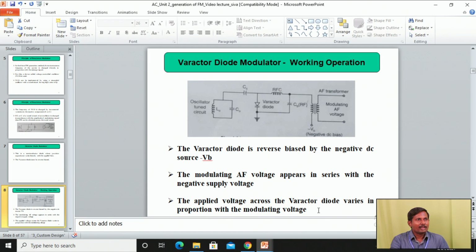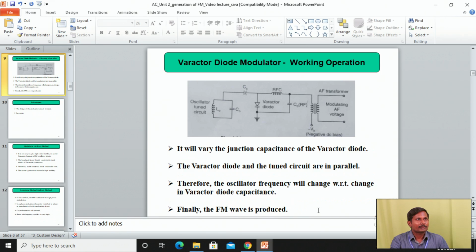The applied voltage across the varactor diode varies in proportion with the modulating wave. It will vary the junction capacitance of the varactor diode. The varactor diode and the tuned circuit are in parallel. Therefore, the oscillator frequency will change with respect to the change in the varactor diode capacitance.